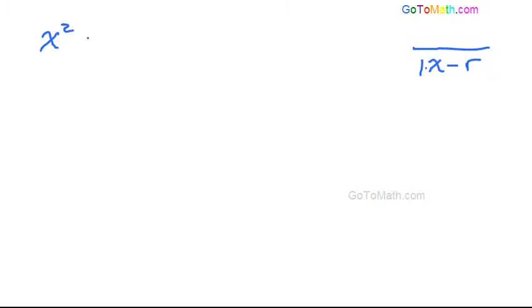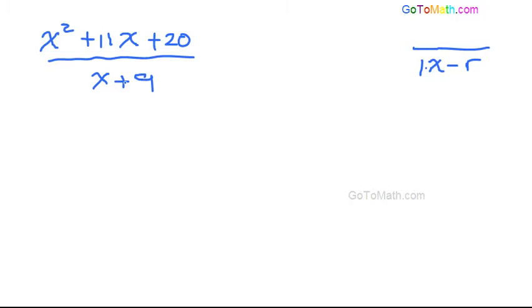So we have x squared plus 11x plus 20, and that was all over x plus 9. So as you can see here, this is not x minus, where this would be the r here, but what we could do is we could say minus, but then we're going to let the 9 be negative.